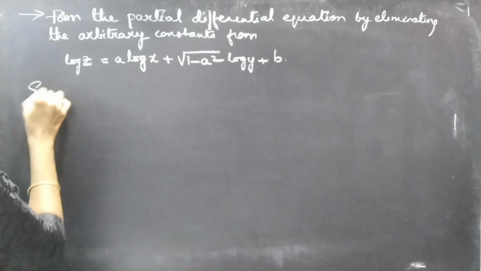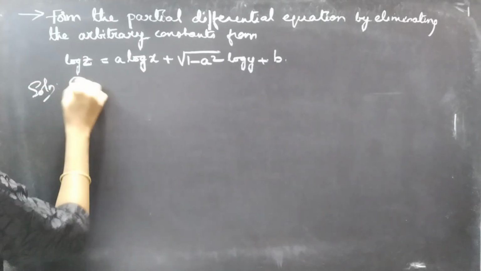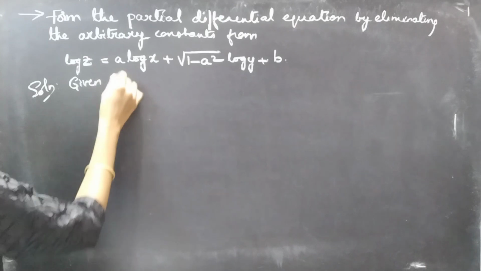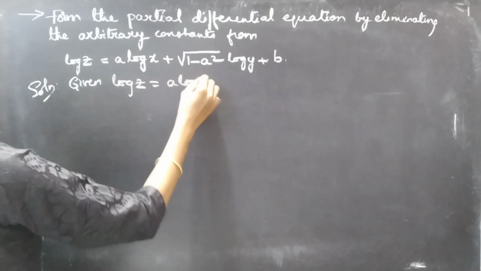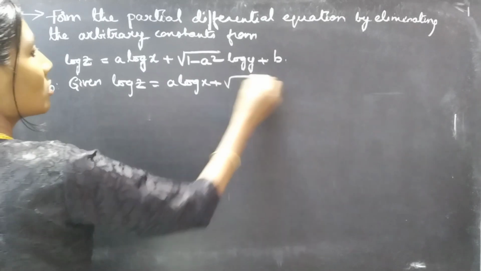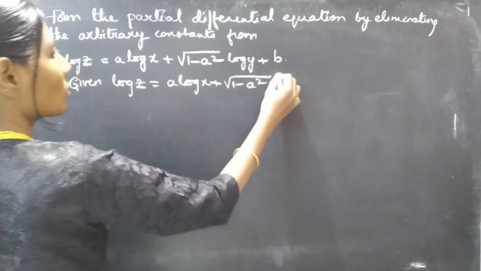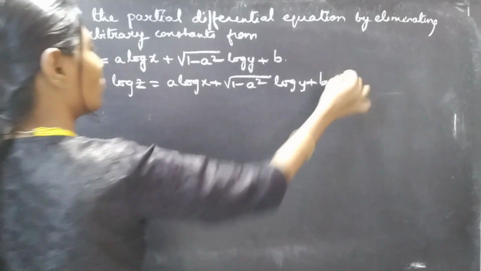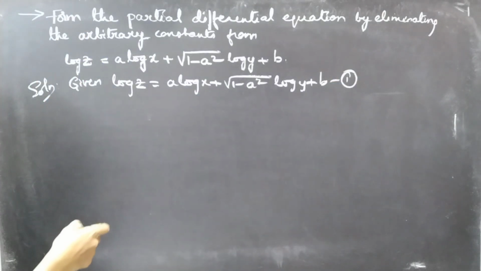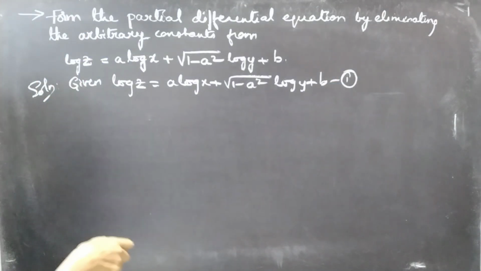Solution: given equation log z equal to a log x plus square root of 1 minus a square into log y plus b. Consider it as equation number 1. Now let's partially differentiate 1 with respect to x and y.